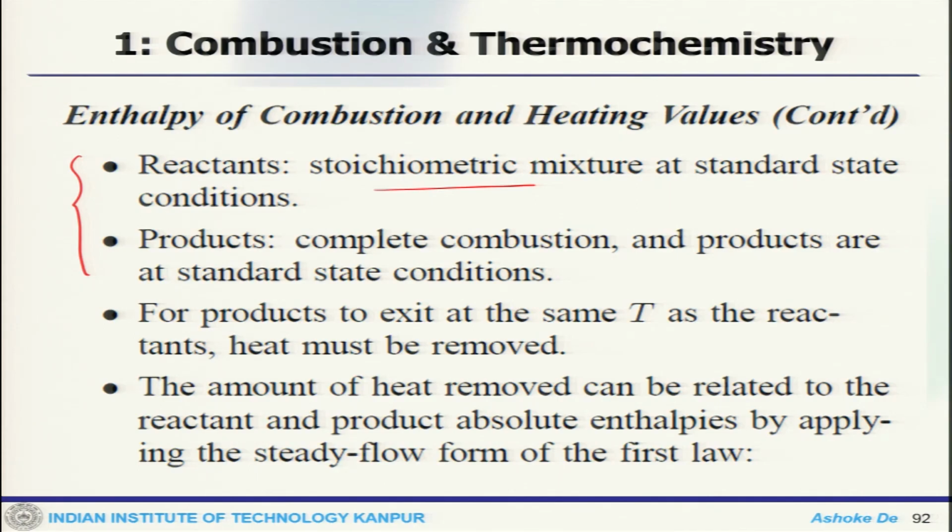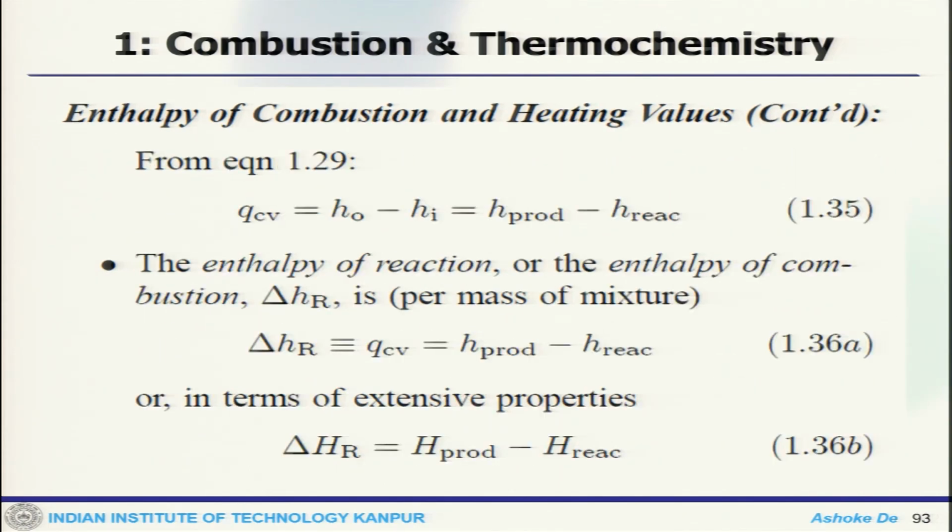That would be related to the absolute enthalpy, and one can use the first law here to find it. The amount of heat is the difference between the enthalpies of the outlet and the inlet, that is, the product enthalpy and the reactant enthalpy.